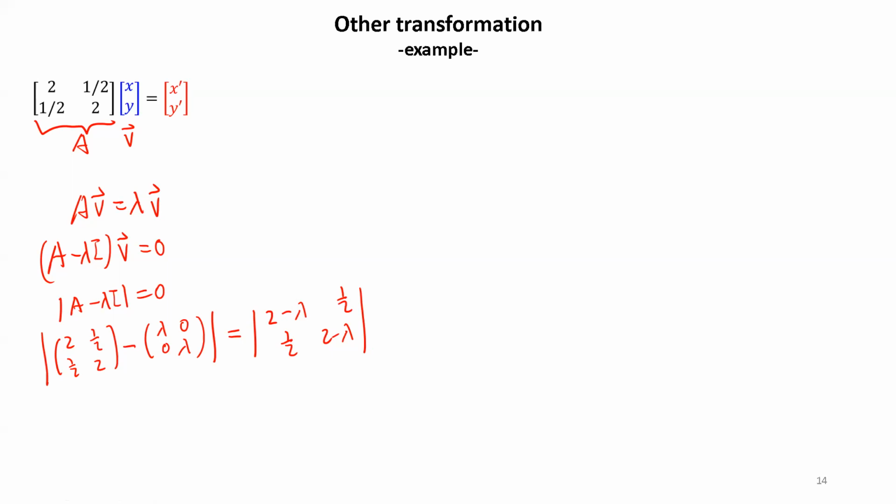If you expand the determinant, you get (2 minus lambda) squared minus 1 divided by 4, and I want this to be 0. That means 2 minus lambda equals plus or minus 1/2. So lambda equals 5 divided by 2 or 3 divided by 2.